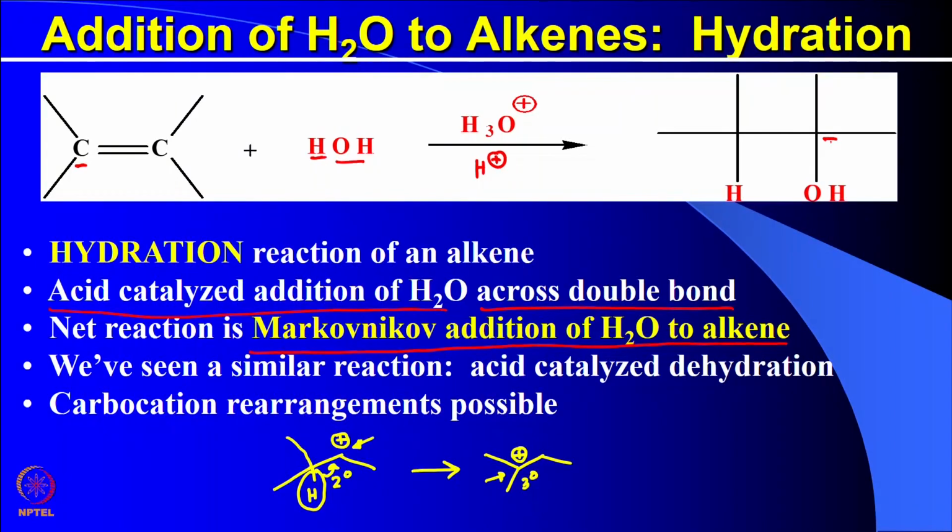So when you encounter such a situation, you need to look at whether there is a possibility of any hydride or methyl shift, which may result in a more stable carbocation, and hence you will see a different product being formed.